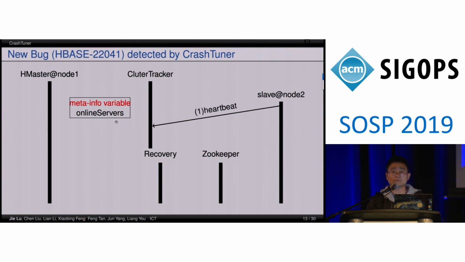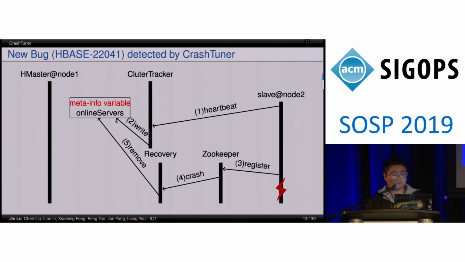Because the recovery process disappears. If we inject the crash here, that is okay because the recovery process will remove the dead node from the online service. But if we crash node 2 here, the recovery process will disappear.